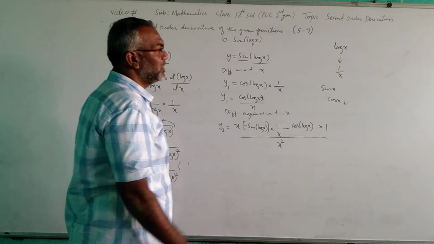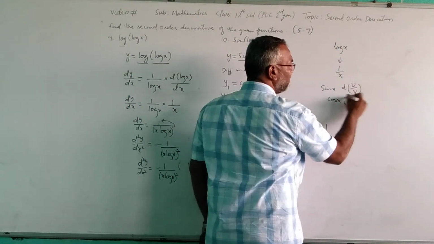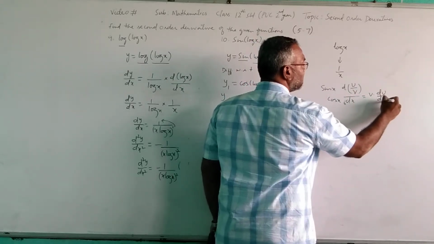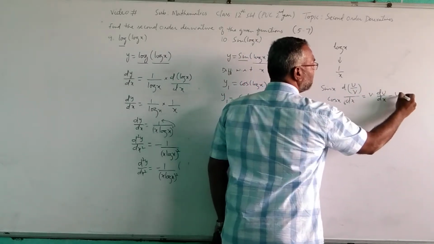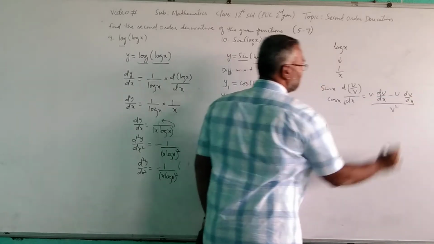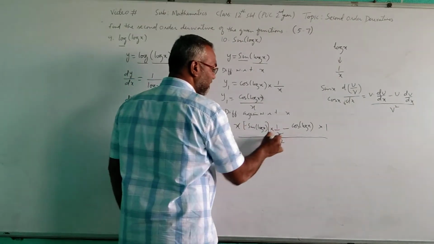This is the u by v formula: differentiation of u by v with respect to x is v into du by dx minus u into dv by dx, divided by v square. So this x will get cancelled here.